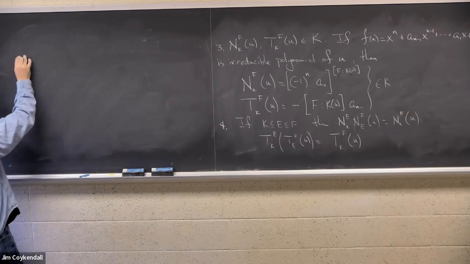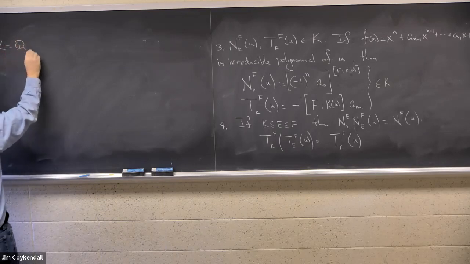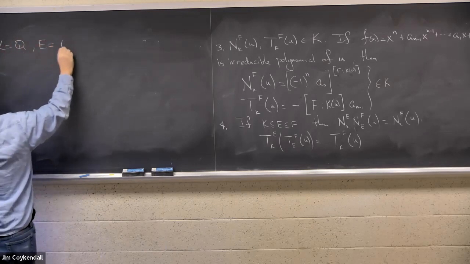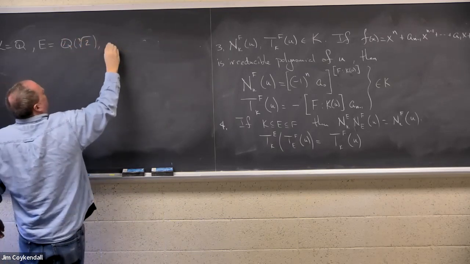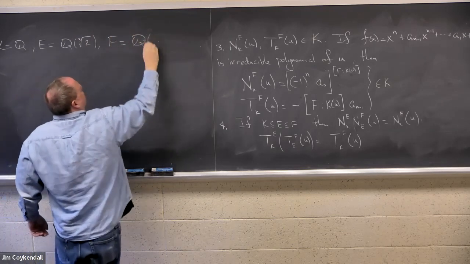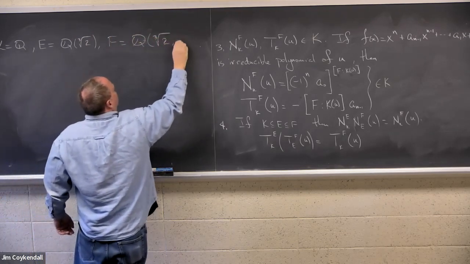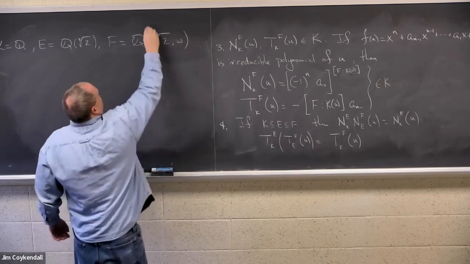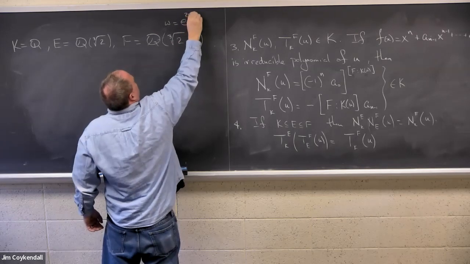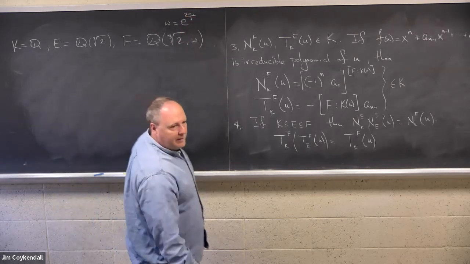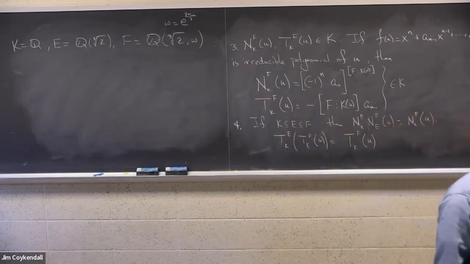So let's let omega be e to the 2 pi i over 3. So this is again the primitive cube root of unity. I can refer you back to earlier notes where we wrote an explicit table down for the automorphisms of that big field.